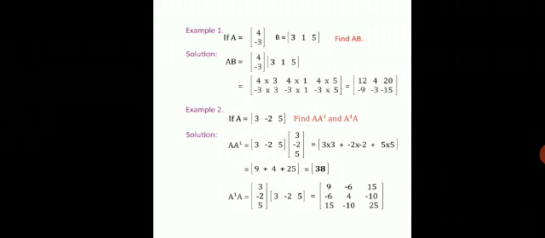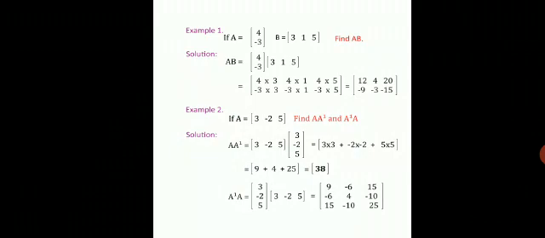So first row with first column, here it has only 1 row and 1 column, so we will get only one element at the end, that is 3 into 3, that is 9, plus minus 2 into minus 2, it becomes plus 4, 5 into 5, 25. So add them all, you will get 38 is your A into A dash.